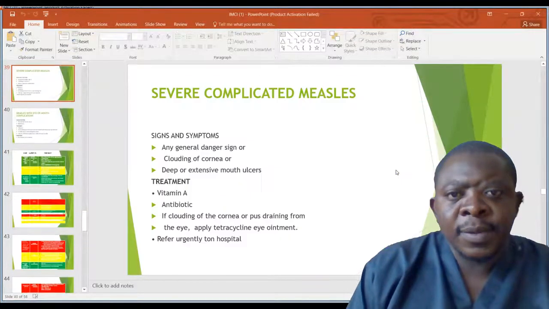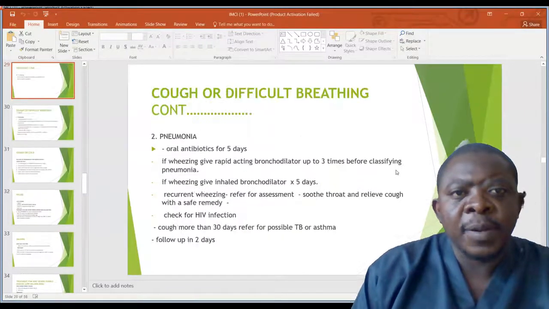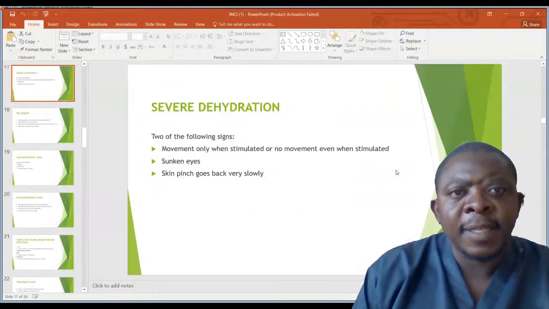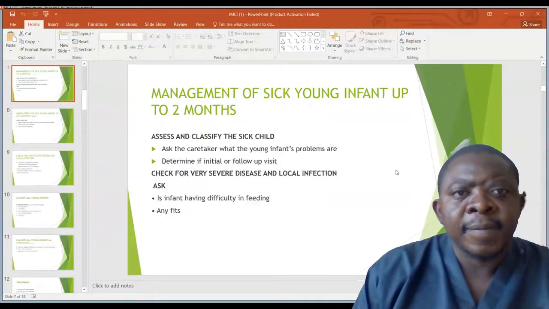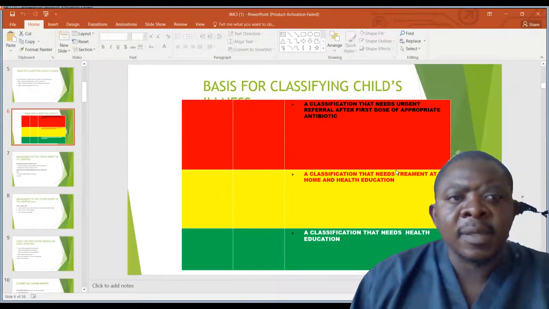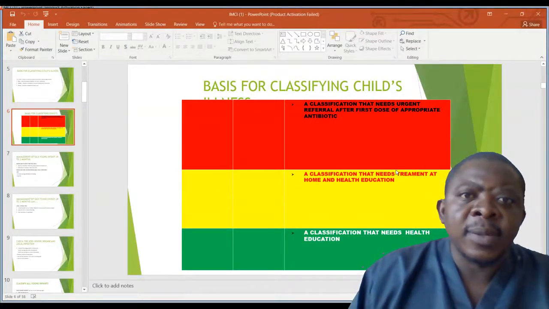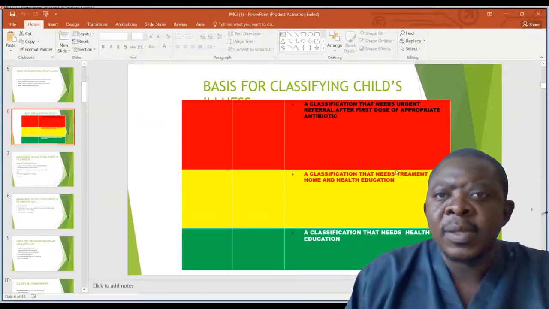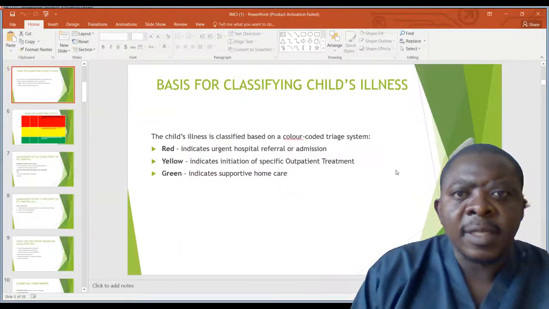We discussed each and every condition, what should happen in the classification, the treatment, and also the possible referral that is needed. So we discussed all the conditions and the color coding on what should be done. The signs, classifying the disease or the diagnosis, and then the possible treatment. So IMCI is discussed under color codes.